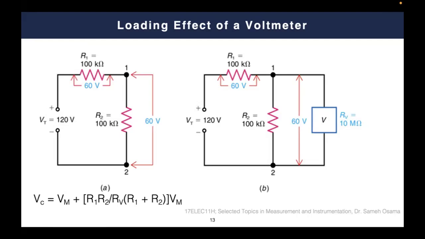So the deviation error here is nearly negligible with respect to the conventional true value or the exact value. So what we did here simply is that we go with a very high available value for the internal resistance of your voltmeter to minimize its loading effect.